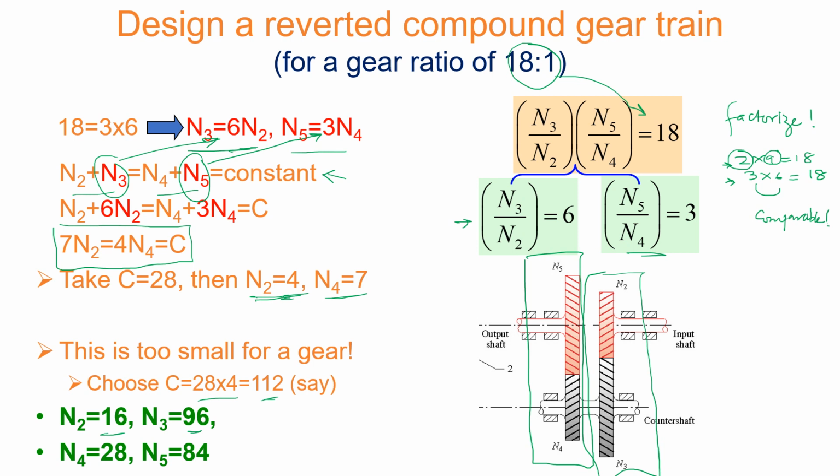Then similarly, N4 is going to be 28, which is 7 into 4, and N5 is going to be equal to 3 times N4, which is 84. So these are the numbers that you have computed in order to achieve a gear ratio of 18 to 1 using the reverted compound gear train.